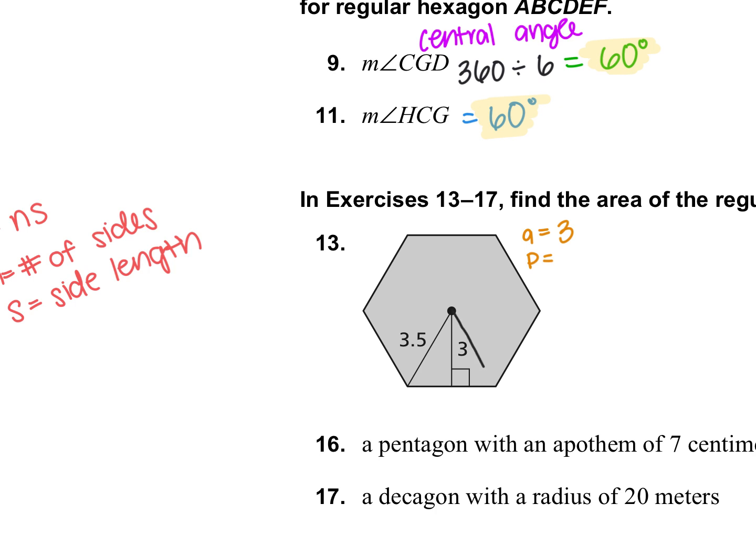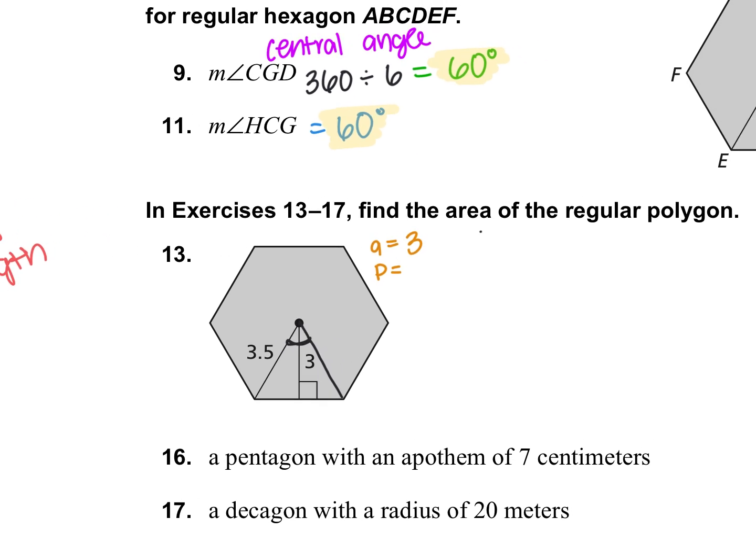So I'm going to draw another radius. What would my central angle be right here? How would I find that? 360 divided by 6, we knew it's 60. So this angle is 60 degrees.